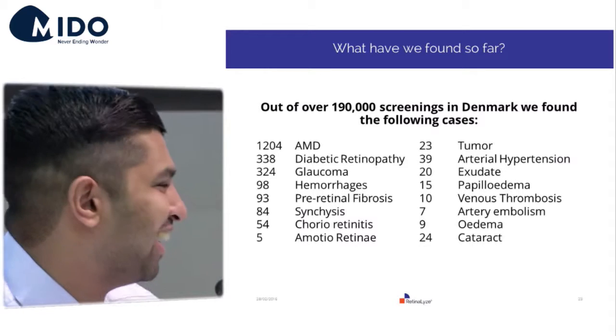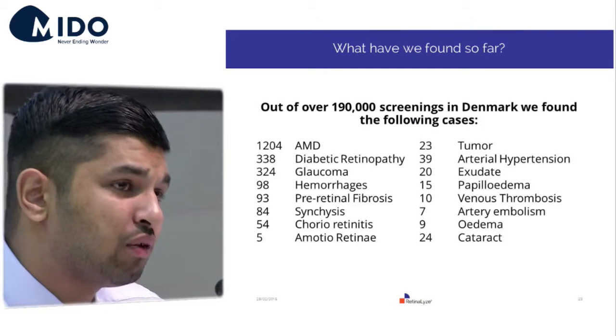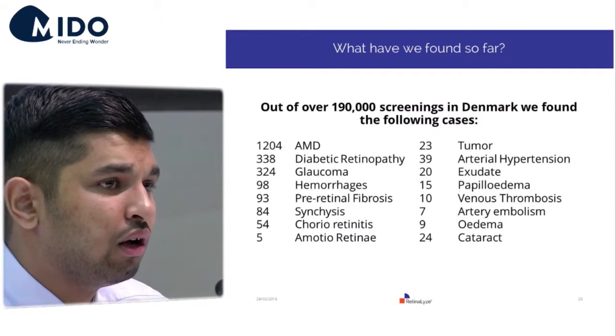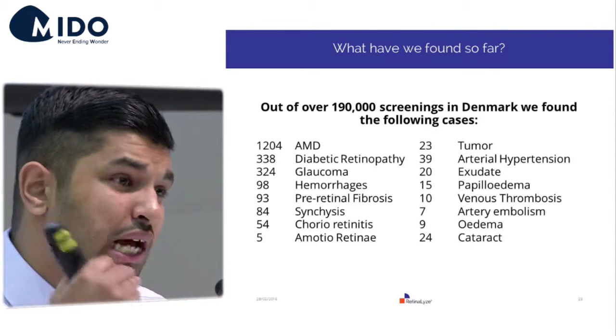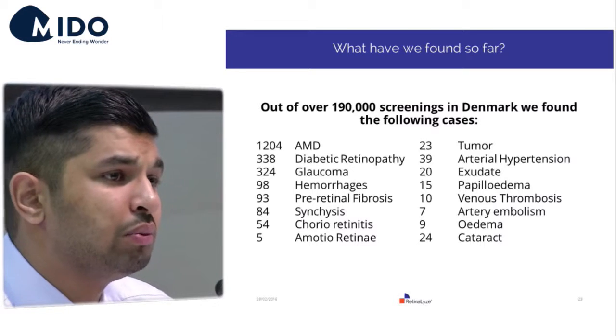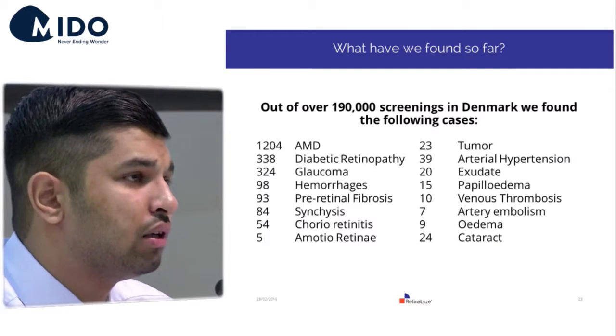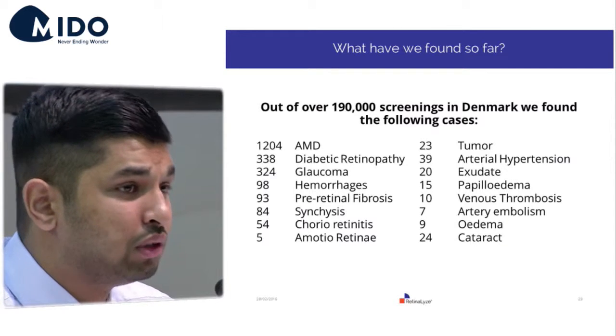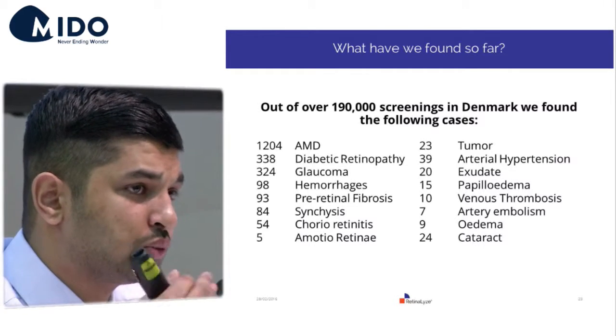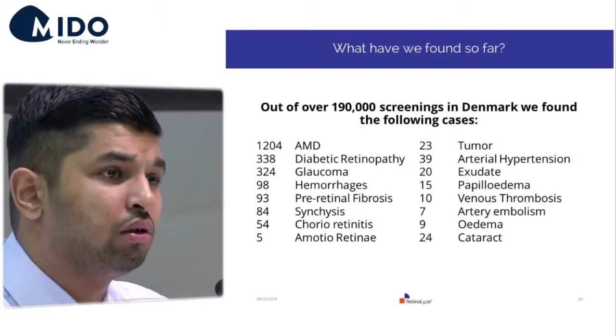Also cases of cataract or artery embolism, high blood pressure, and also retinal detachments, amotio retinae, which means that our customers, the stores, have actually saved people from going blind within the next 3 days. This was with the help of Retinalyze and the attached ophthalmologists.